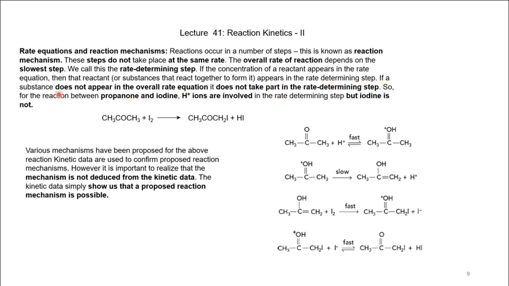If a substance does not appear in the overall rate equation, it does not take part in the rate determining step, and we ignore it. For this, we will see in propanone reacting with iodine that the hydrogen ion concentration is involved in the reaction, but not the iodine itself.